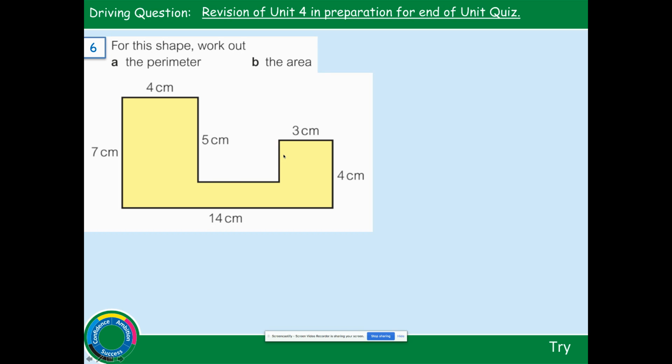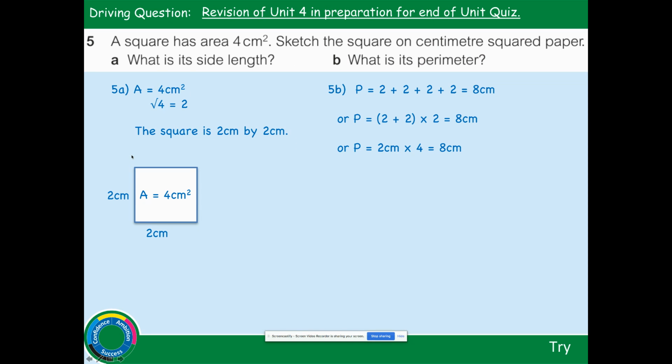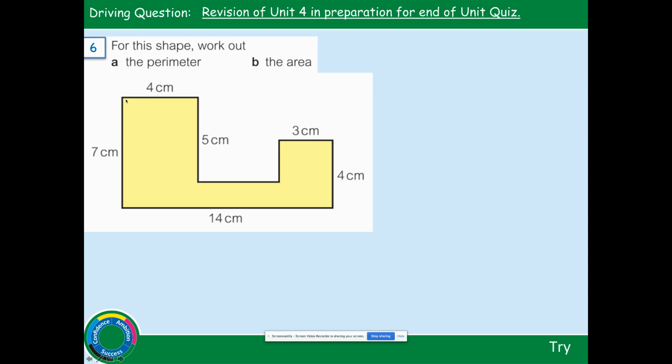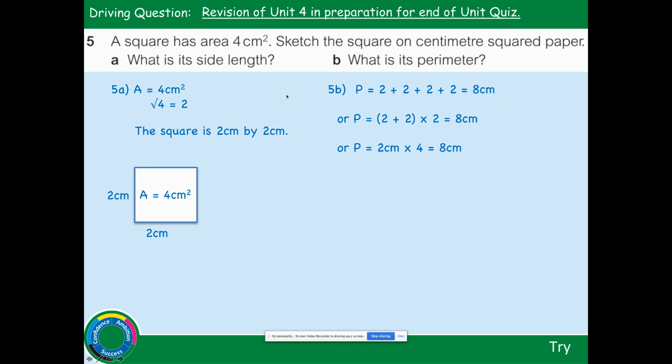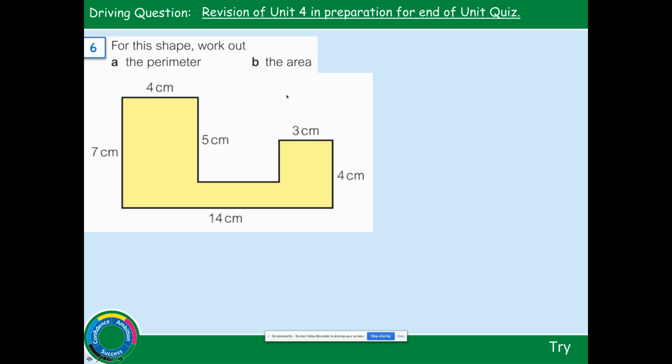Okay, so find this one first. We know this whole distance is 14. I know 4 centimetres of it, and I know 3 centimetres of it. So 4 add 3 is 7.